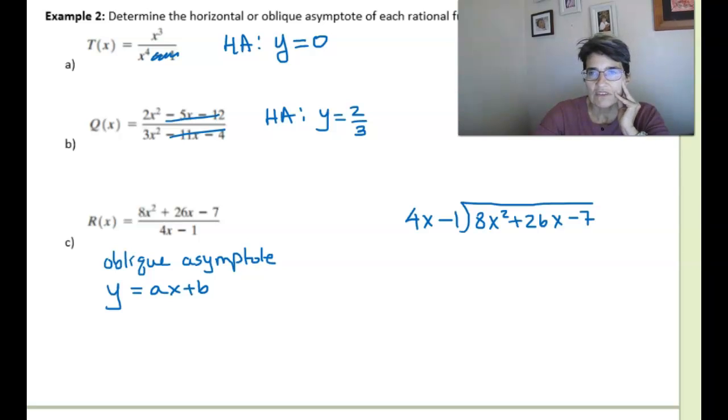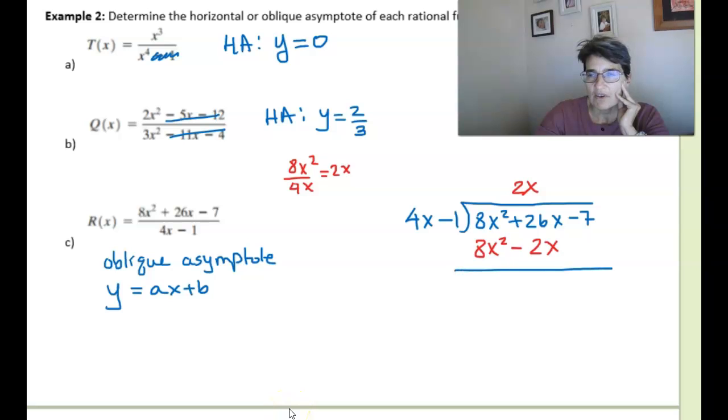To do long division, you divide the leading terms. So I'm going to divide 8x squared by 4x, and this gives me 2x. This is the first part of the answer, 2x. Then you multiply this 2x by both of these terms. So 2x times 4x gives me 8x squared, and 2x times -1 gives me -2x.